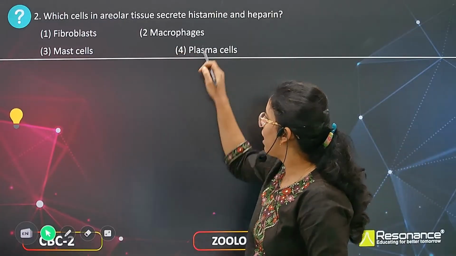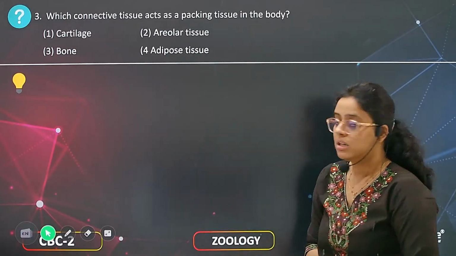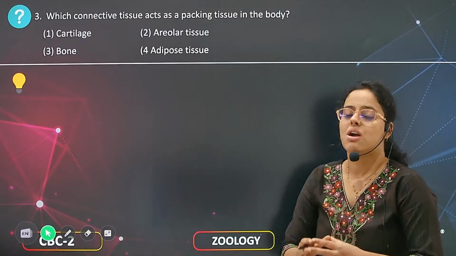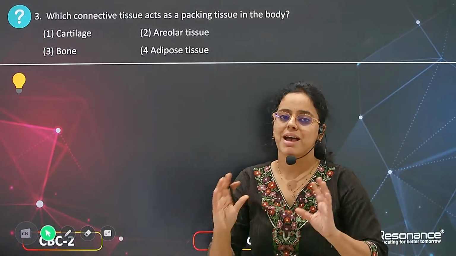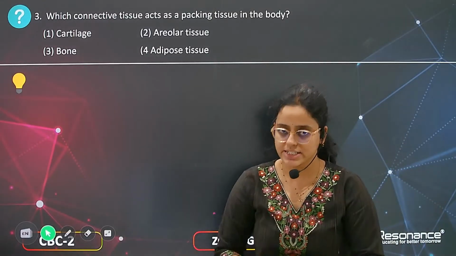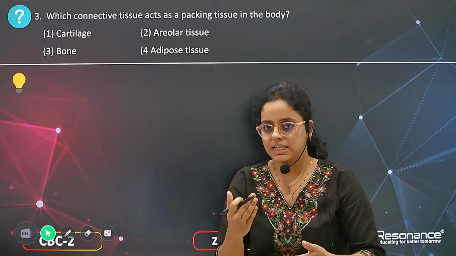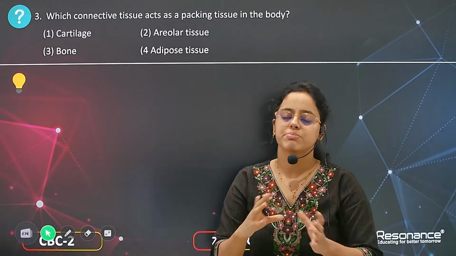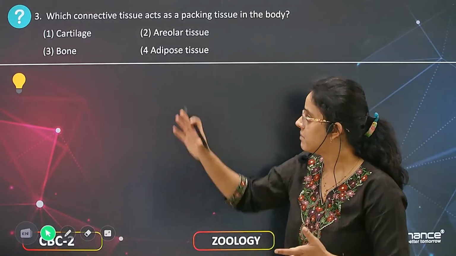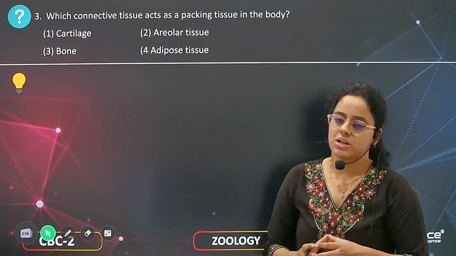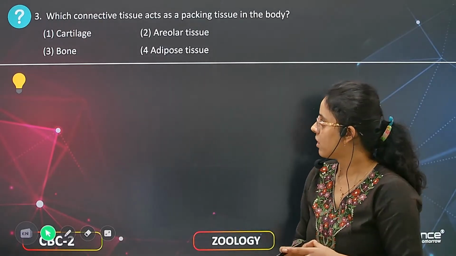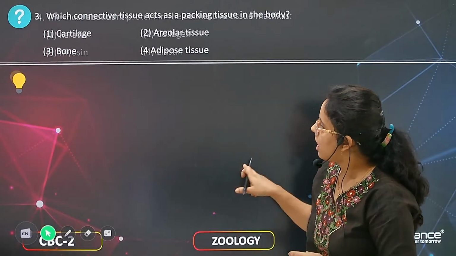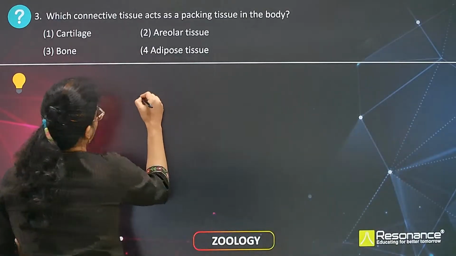Areolar tissue is called packaging tissue because it packs all the sensitive organs internally. They have an epithelial layer inside and outside, and the tissue present between them is the loose areolar tissue. So our answer is areolar.